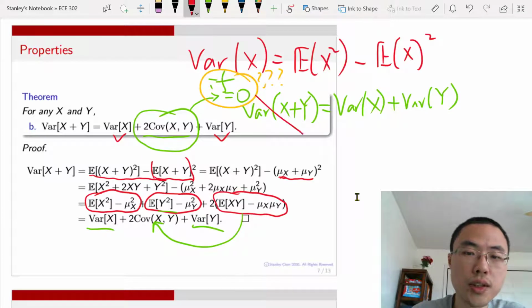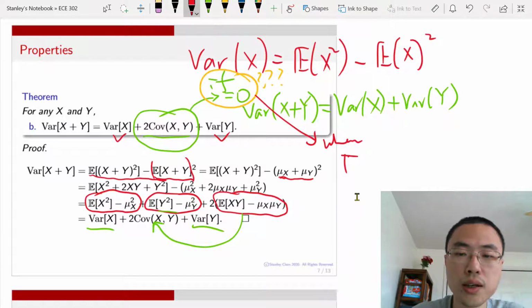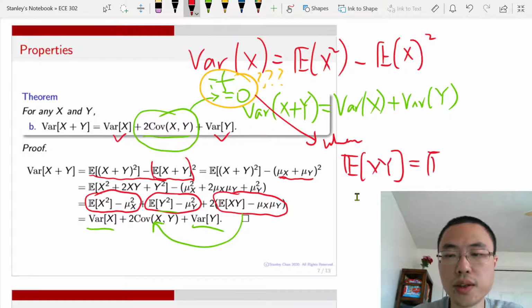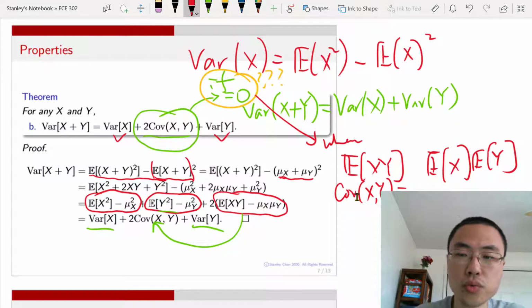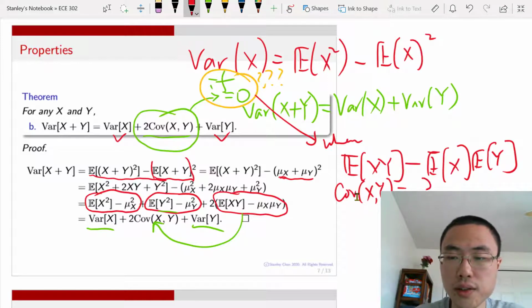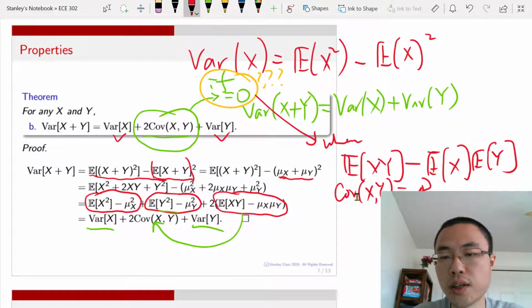Okay, so this happens when expectation of xy equals expectation of x times expectation of y. Okay, because what is covariance? Covariance of x and y is just the difference between these two. Okay, this is the covariance. And so if covariance equals 0, that means this joint expectation will equal the product of the expectations.